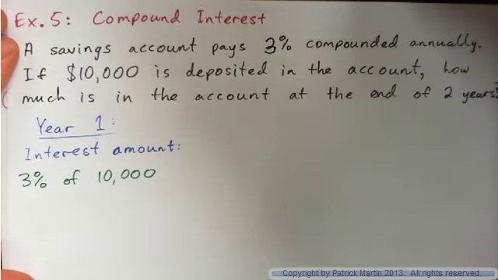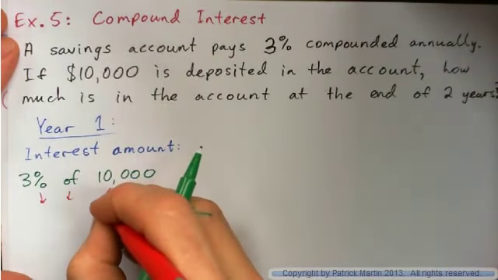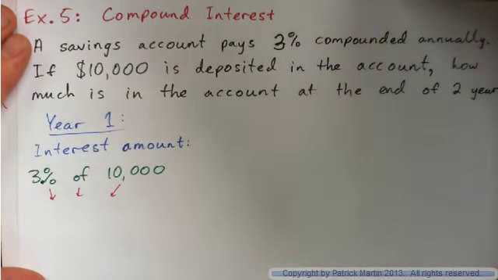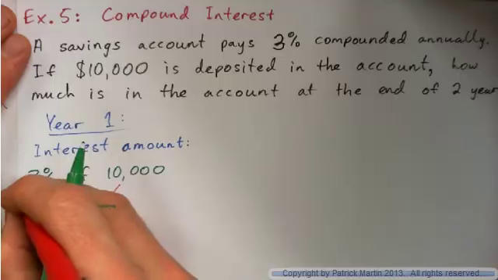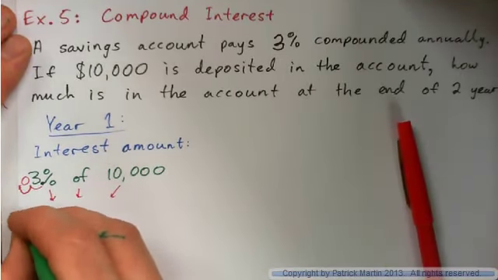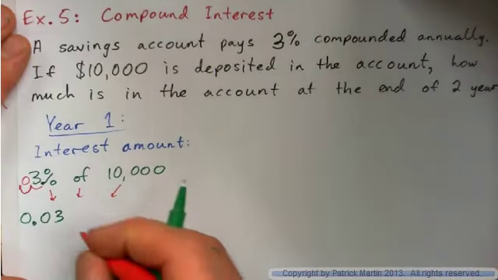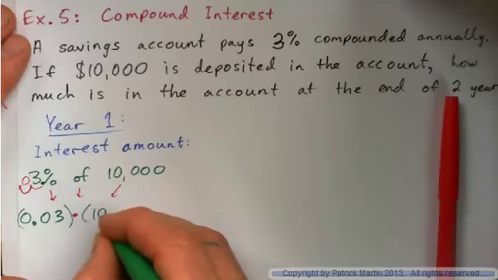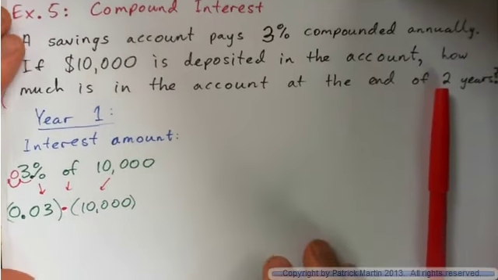So 3% as a decimal is what? The decimal point is here. Move it over 2 places, stick in a 0. So 0.03 multiplied by 10,000, right?